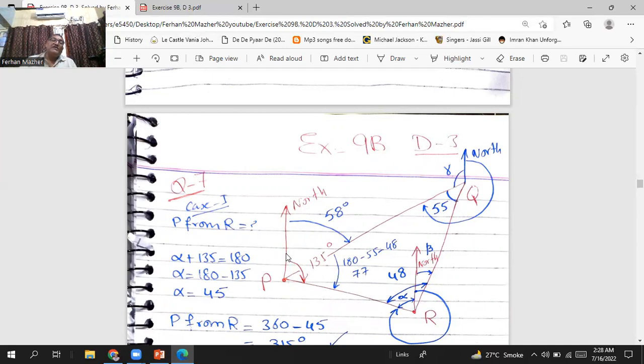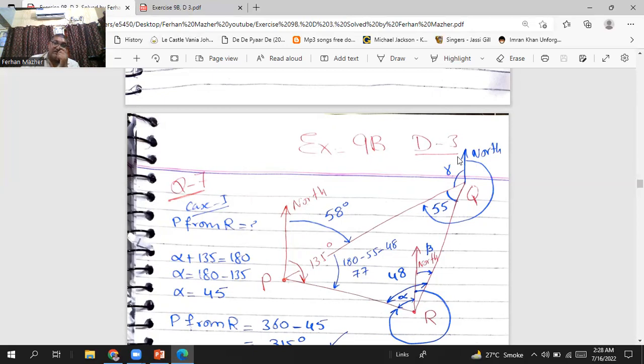You know this whole angle is 135. This internal angle QPR will be 180 minus 55 minus 48, and that will be 77. So from 135 subtract 77, you get 58. So this angle is 58.